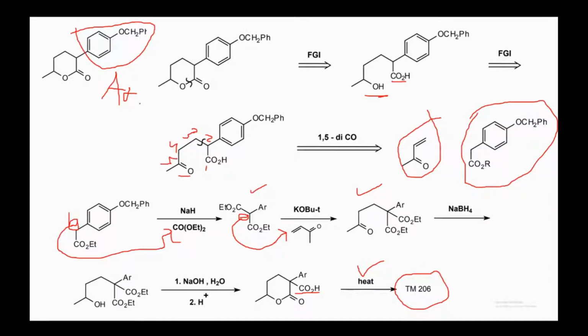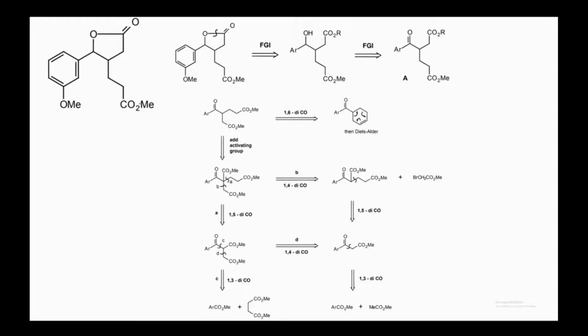And if you go on, let's have a look at the next example, which is this one. Again, it's a cyclic ester, so we disconnect from this position, ring opening will take place, one part will become ester and one part will become the alcohol, and then the next part will be this one, do FGI to convert this OH into the ketone, and the other part is ester.